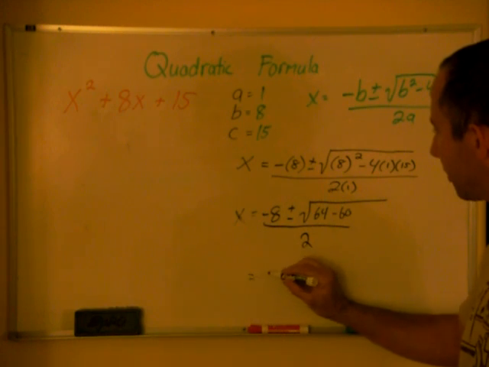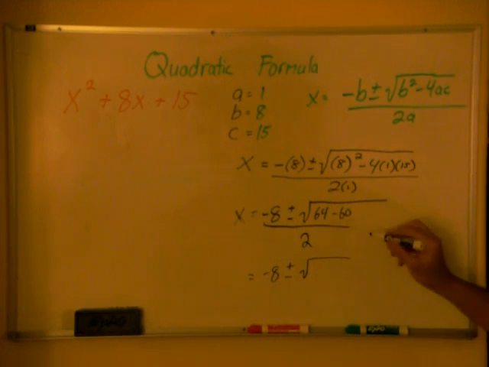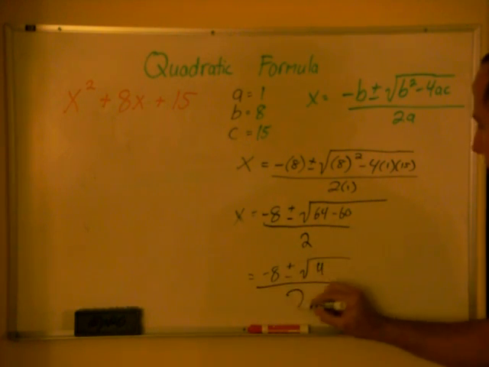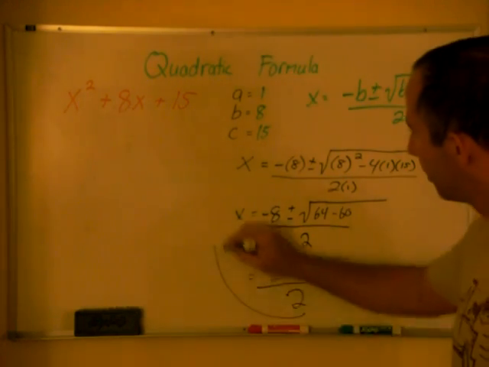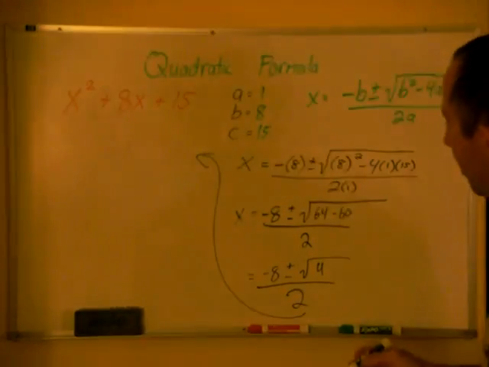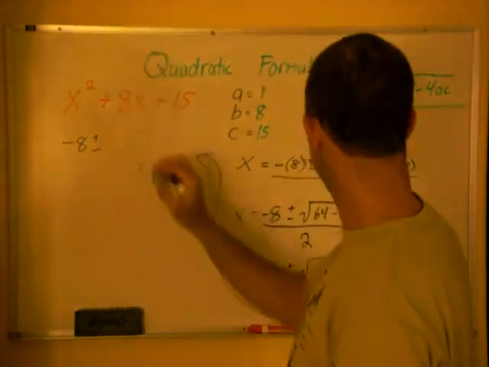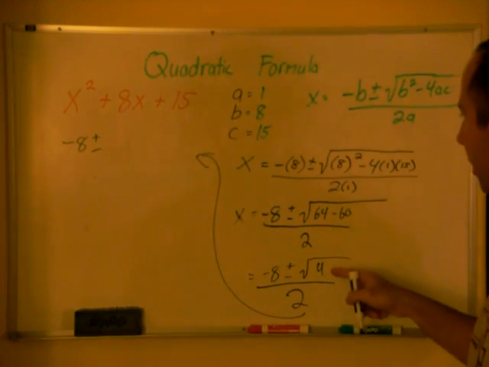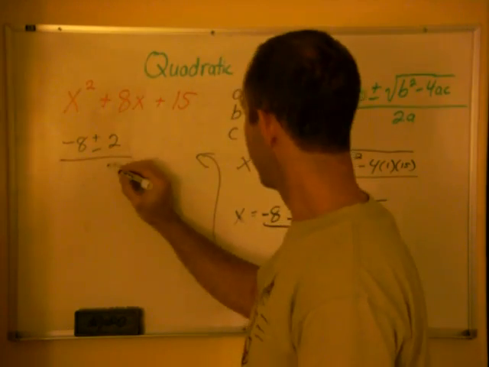Okay, so this equals negative 8 plus or minus the square root of 64 minus 60, which is 4, all over 2. And the square root of 4 is 2, since 2 times 2 is 4. So it's negative 8 plus or minus 2 over 2.